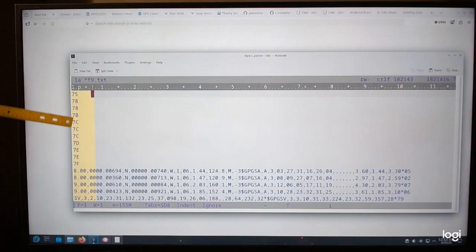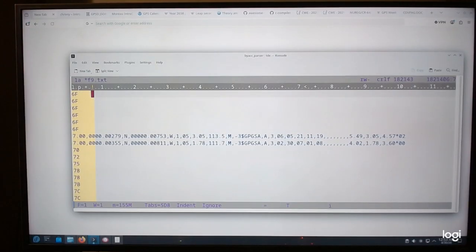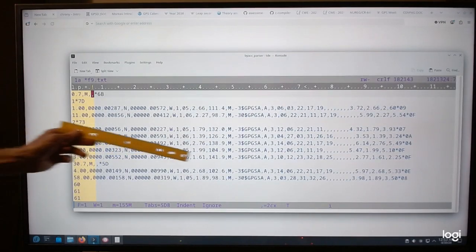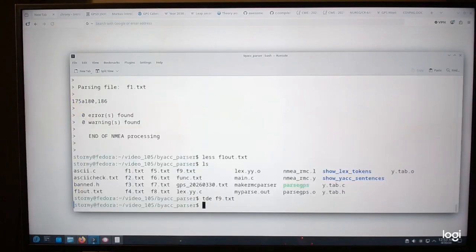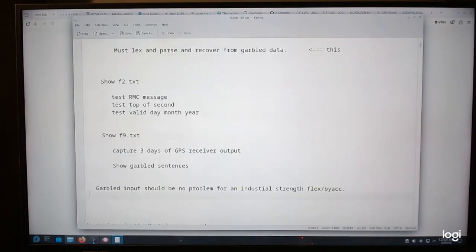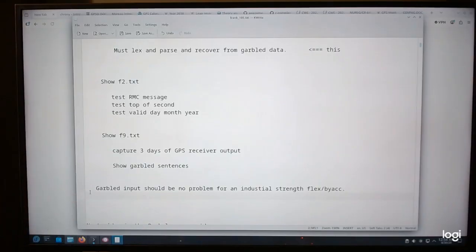That looks like the checksum ID that it messed up right here. You have to be able to read that garbled input.